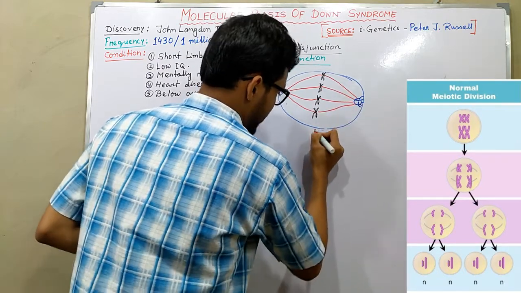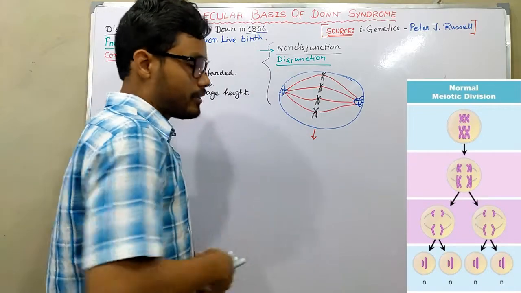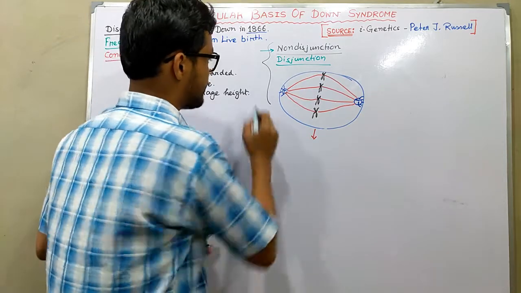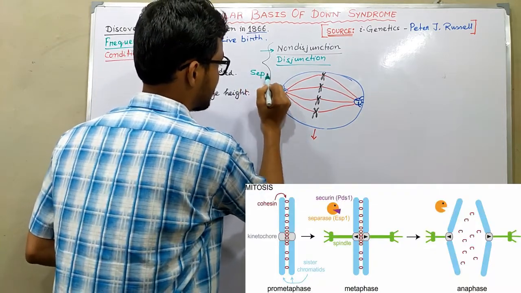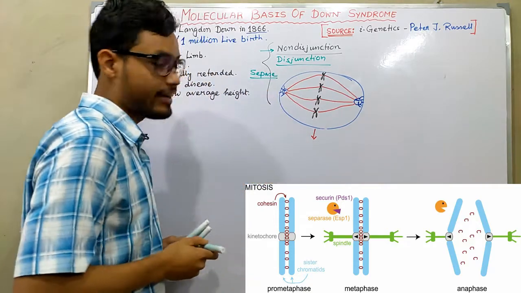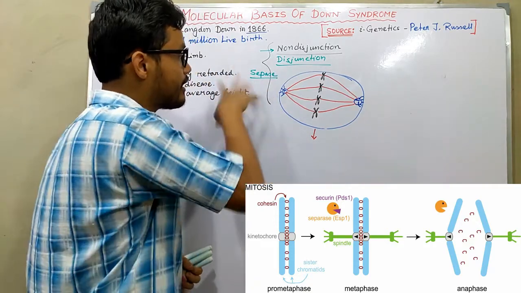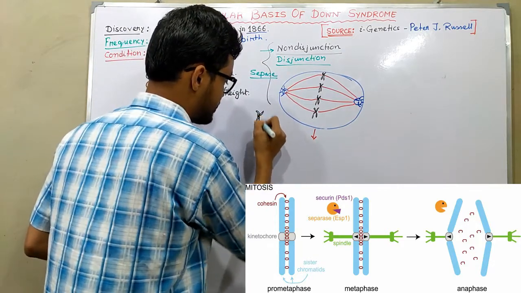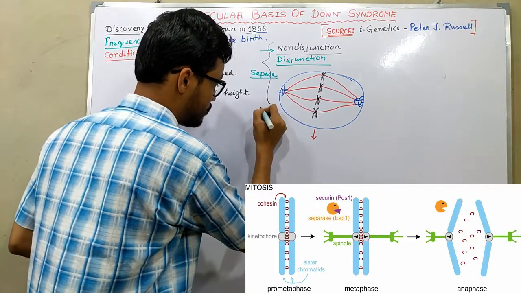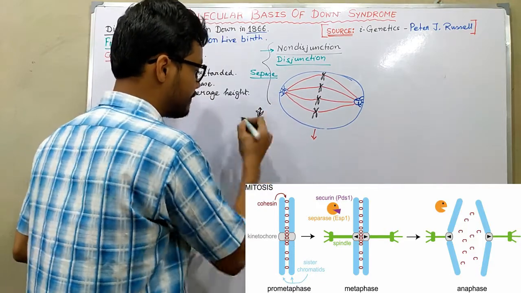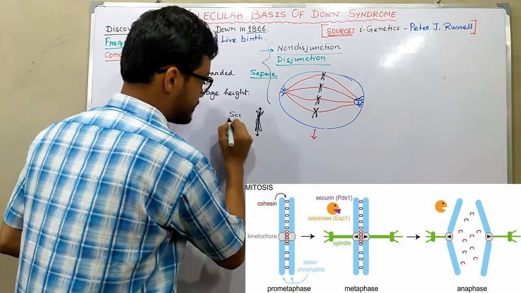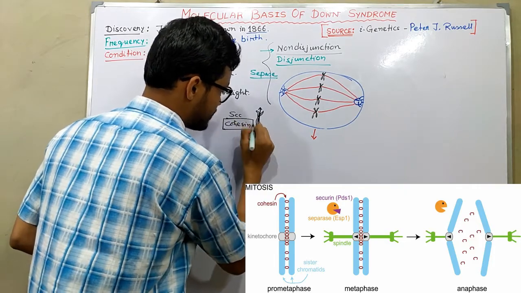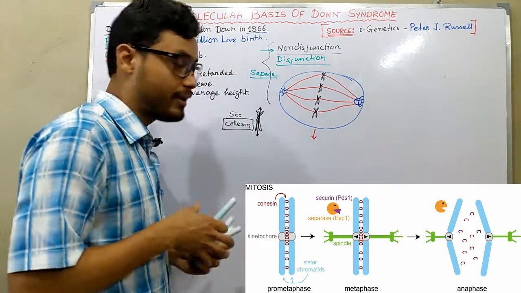From metaphase to anaphase transition, the pulling force appears, and along with it an enzyme known as separase is secreted inside the cell, and separase cleaves the joining between the two chromatids by cleaving the SCC molecule from cohesin. Cohesin is a particular protein that is responsible for holding two chromatids together.